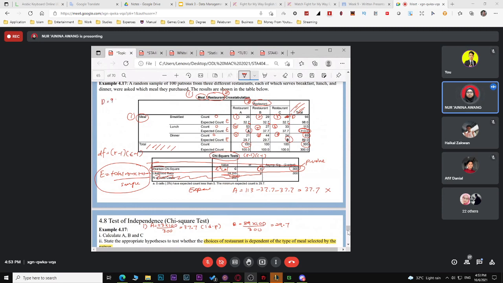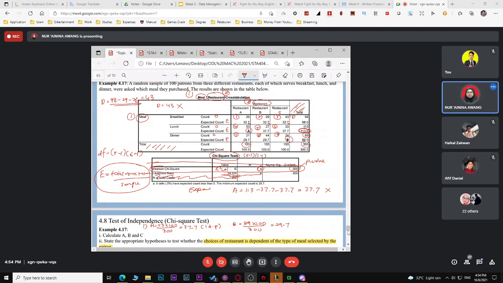You do 98 minus 29 minus 26. So you will get the value 43. Make sure you show how to find the value. Don't just write D is equal to 43. To find the value for your count, you just subtract from your total.